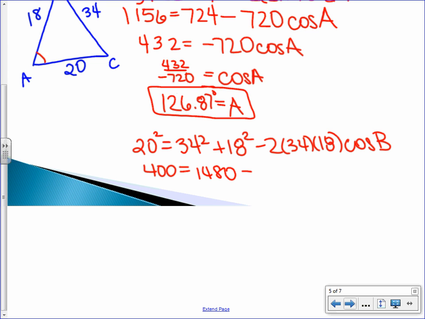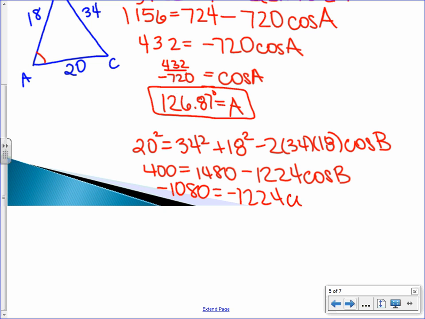Minus 2 times 34 times 18. 1,224. So then we can subtract the 1,480, and then divide by the negative 1,224.